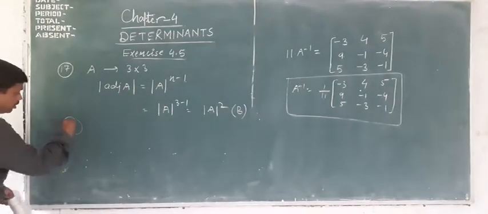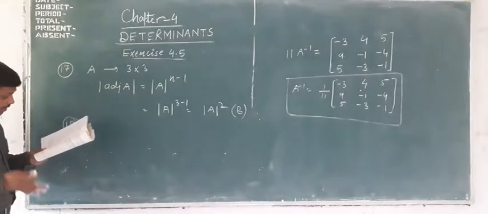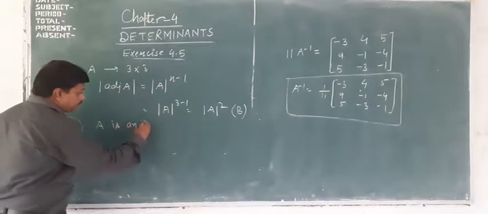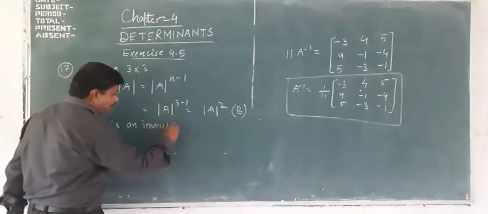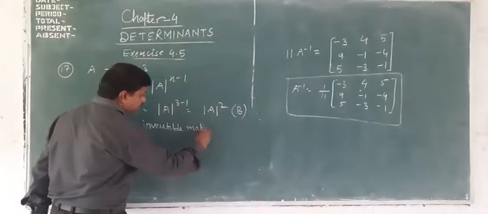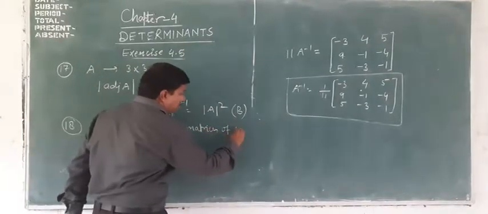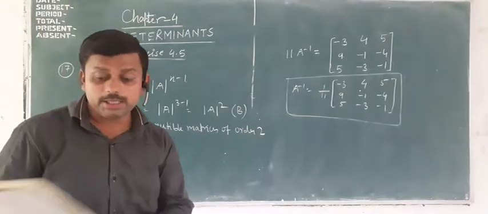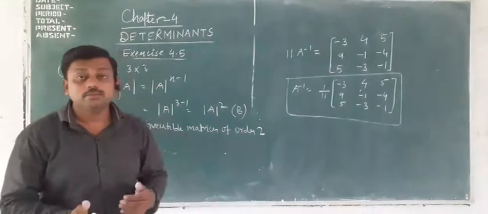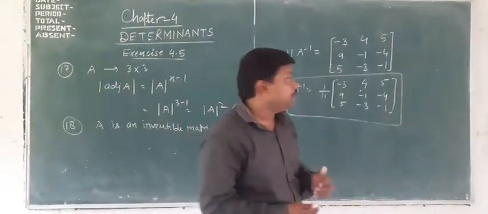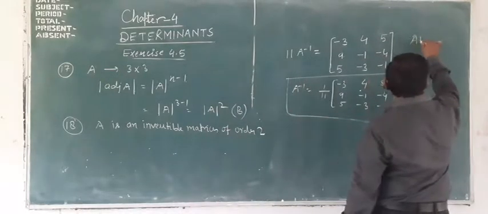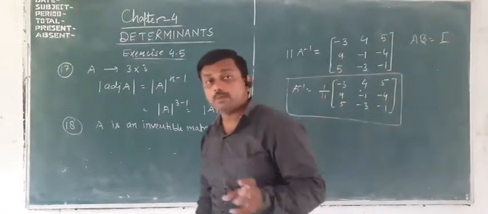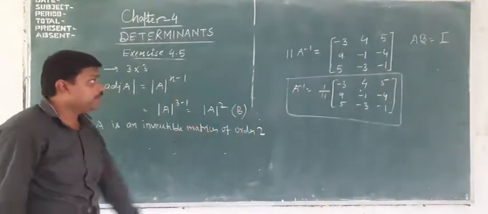Question 18. A is an invertible matrix of order 2. If a matrix is invertible, then there exists a matrix B such that A into B equals I. This is the definition of an invertible matrix.